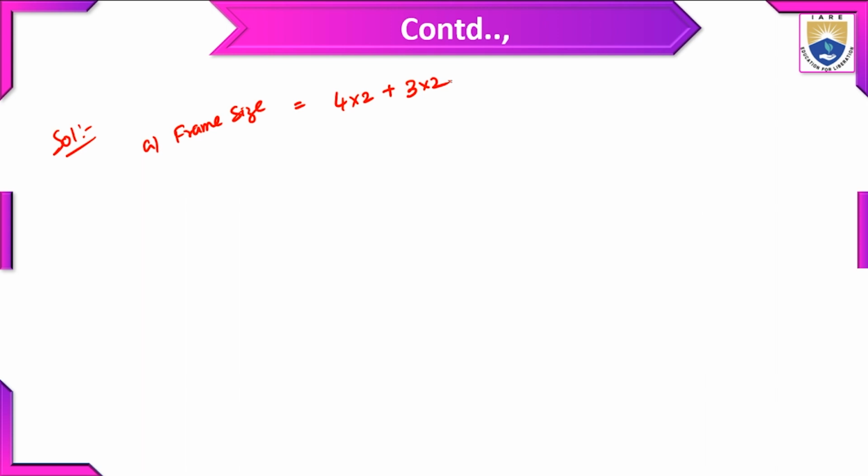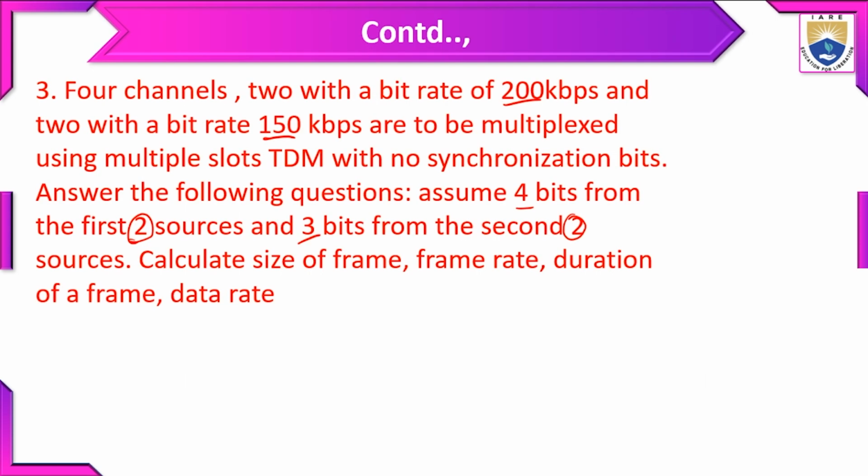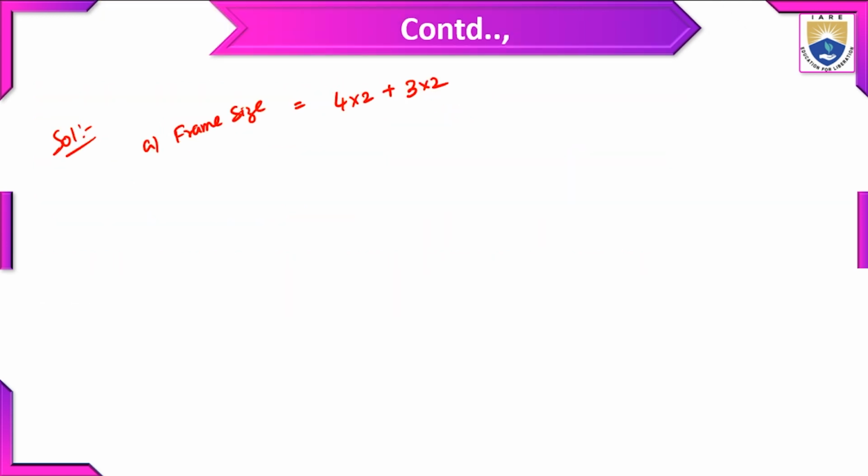Because it is written like this: 4 bits from the first 2 sources and 3 bits from the second 2 sources. So that's why 4 into 2 plus 3 into 2. So we get 8 plus 6, which gives 14 bits. So the frame consists of 14 bits. That is the frame size.